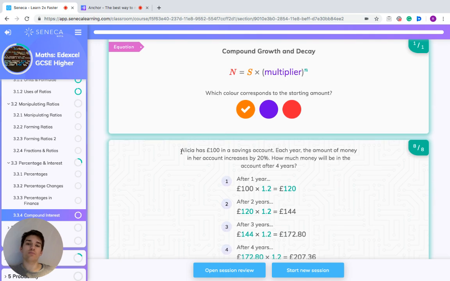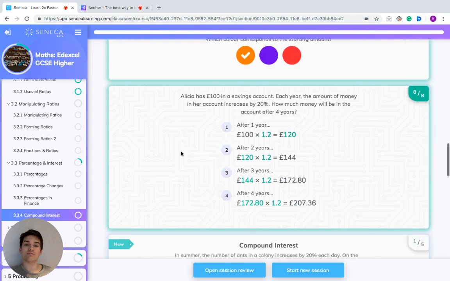Another example. This time, Alicia hasn't got quite so much cash in the bank. She's only put £100 in. But this time she gets 20% interest. So each year the interest will be calculated at the beginning of the year, and she'll get a 1.2 multiplier on it.